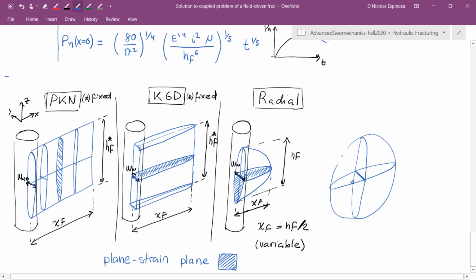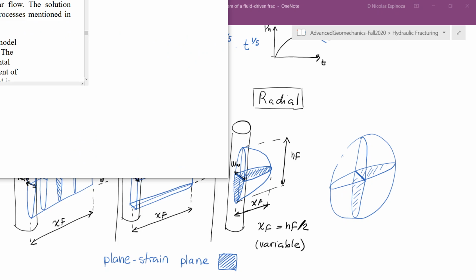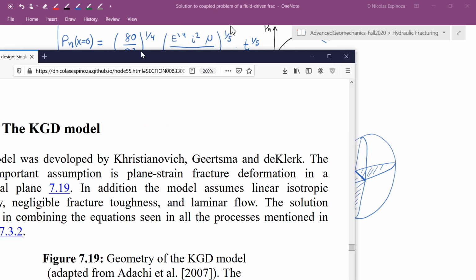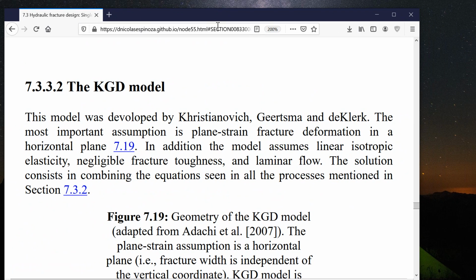So either this plane or that plane or any plane that contains this direction is going to be the same. So these analytical solutions give us an analytical answer of the problem. And here, we're not going to solve them in detail.